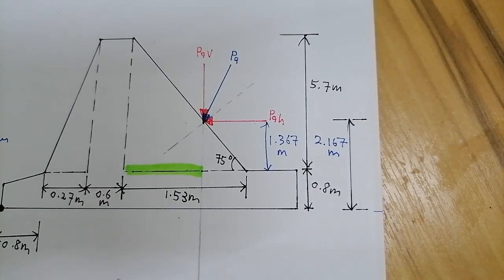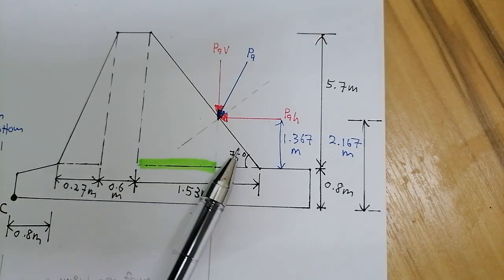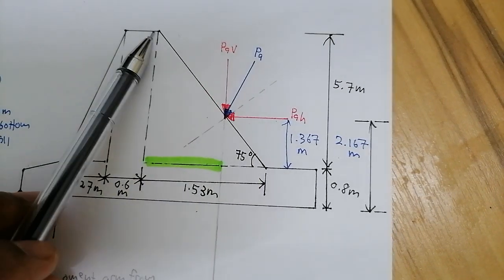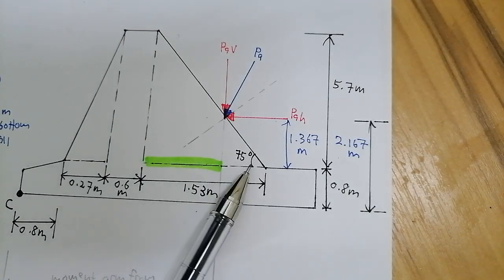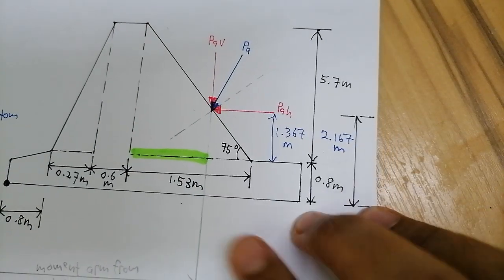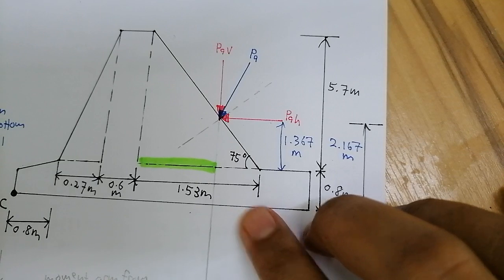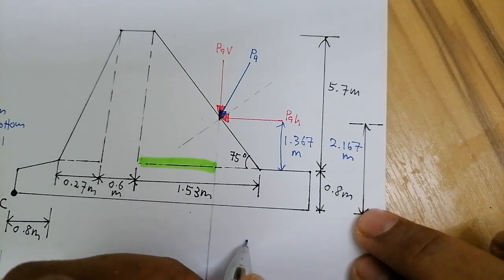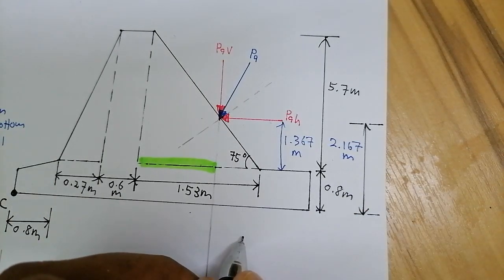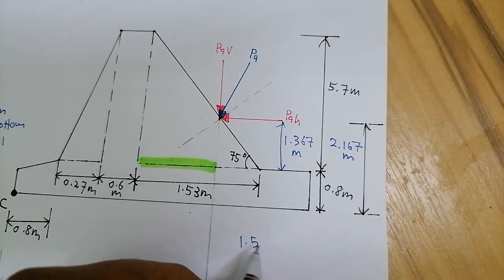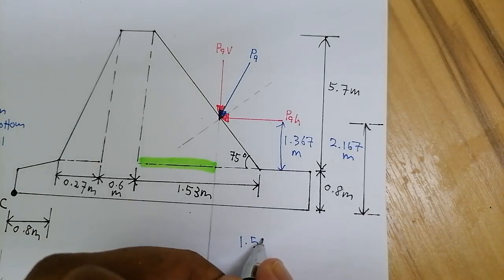Okay, so now let's use this proportion method, kaidah kadaran. I want you to focus on this big triangle. The base is 1.53.